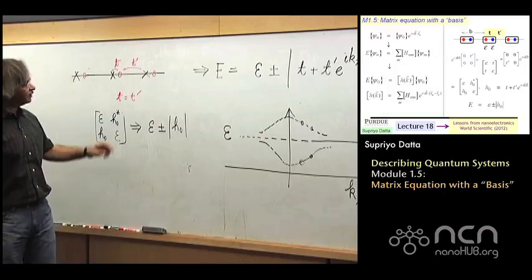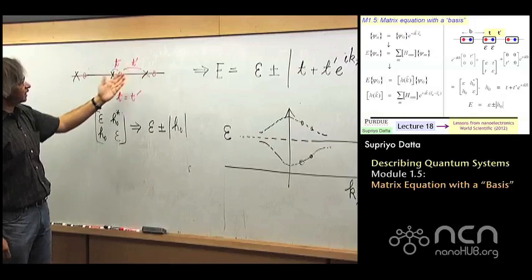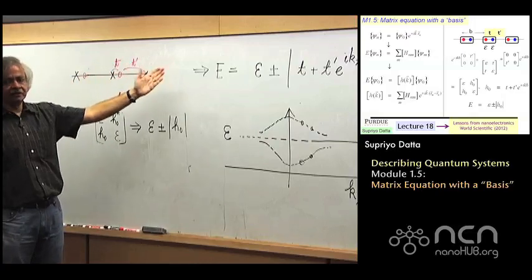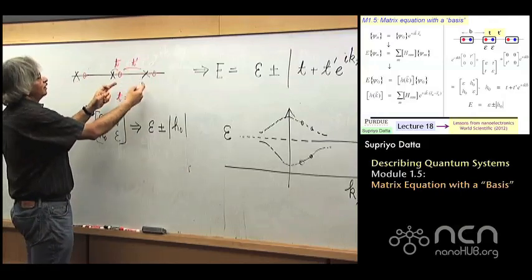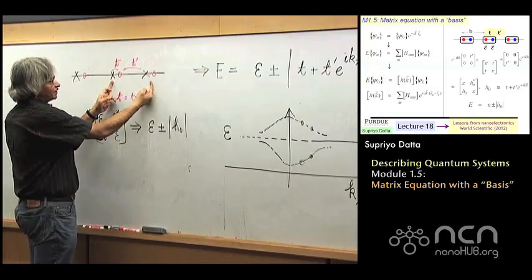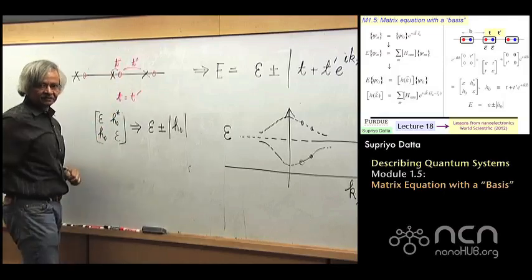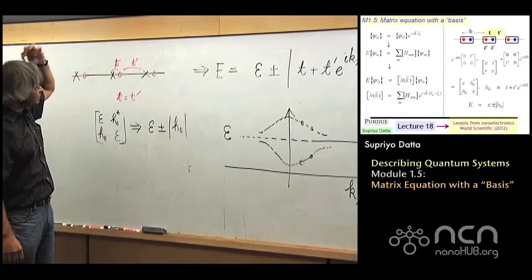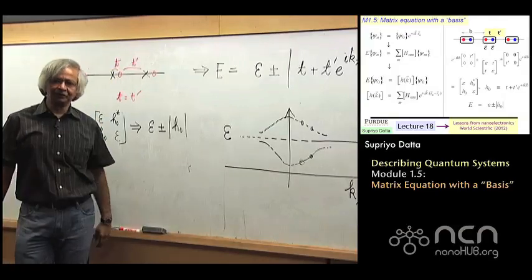But then, I'm really solving the problem from the last module, because if t is equal to t prime, then it's really just one uniform wire. Only thing is, right now the period is b, that distance, whereas if it's one uniform wire, the period would be like a. It would be that distance. So if t is equal to t prime, you should get back what you had in module 1.3.